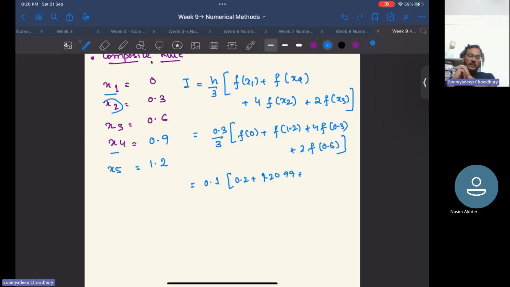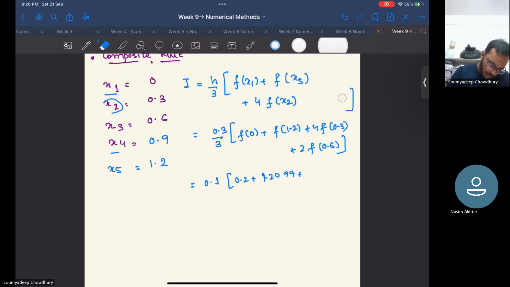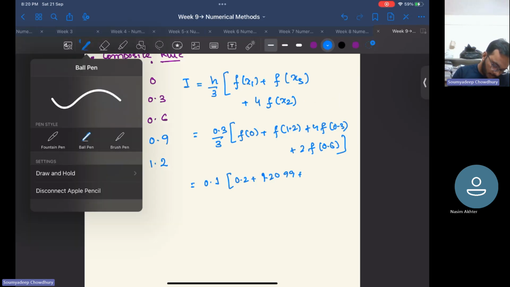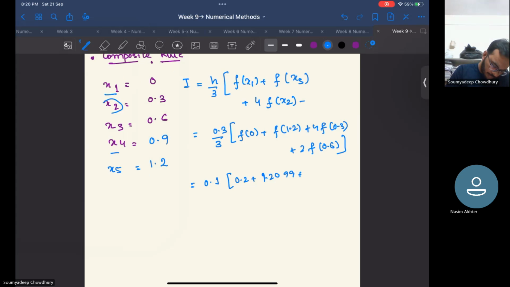So this is the actual discretization, right? 0, 0.3, 0.6, 0.9, 1.2. So some changes will be there: f of x5, and we have two even terms and an odd term, right? So it will be 4 f of x2 plus 4 f of x4 plus 2 f of x3.